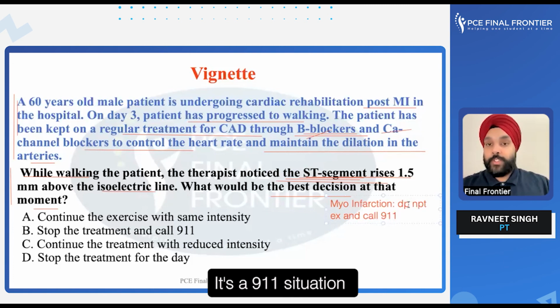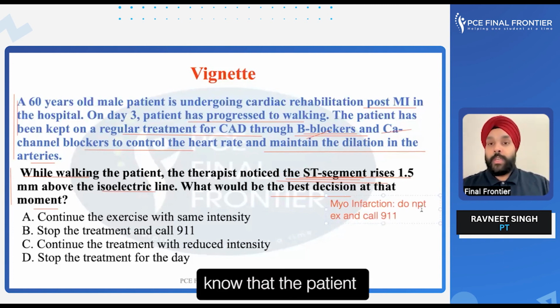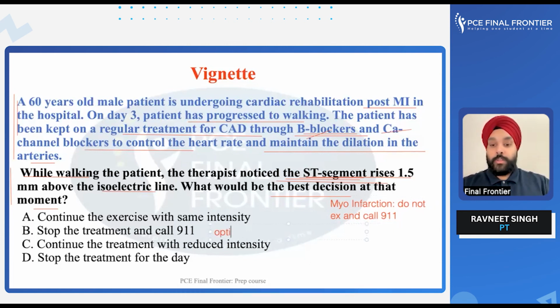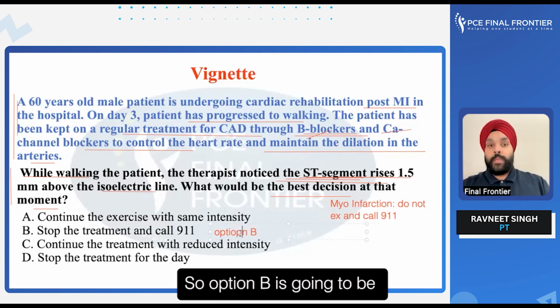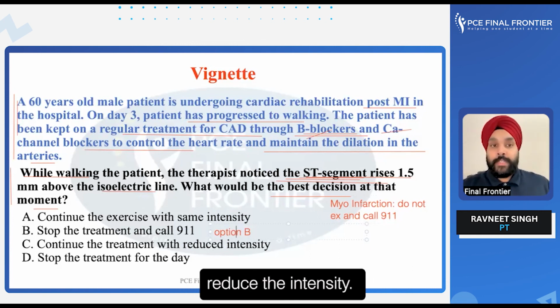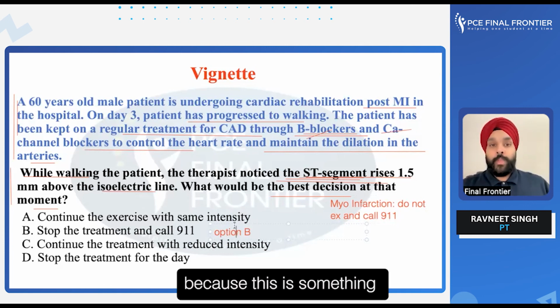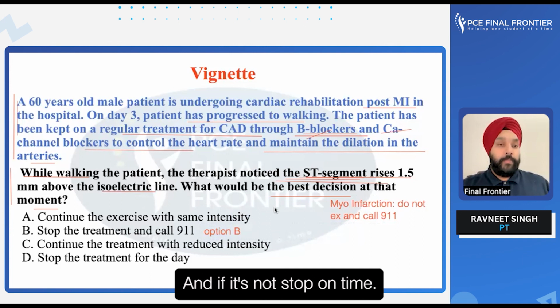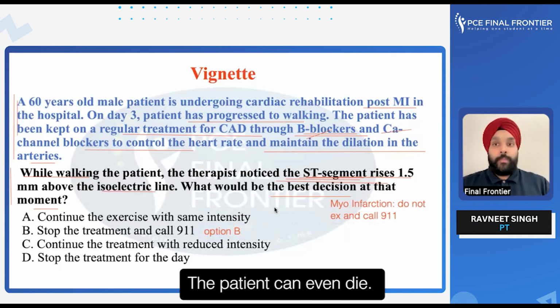It's a 911 situation when you know that the patient is in the category of myocardial infarction. So option B is going to be the correct answer. You don't just want to reduce the intensity, you want to call 911 because this is something very serious. And if it's not stopped on time, the patient can even die.